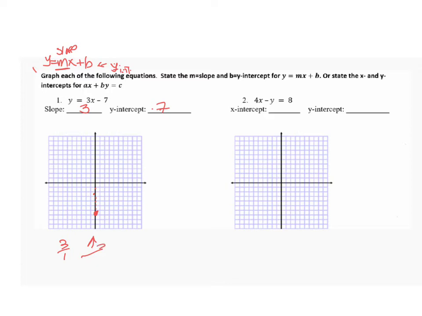So we go up 1, 2, 3, over 1. So our line looks something like this.